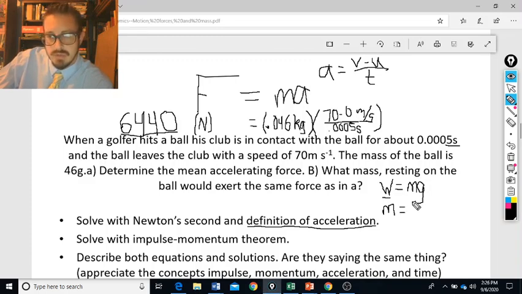So m would equal the weight, which we want to be the same force that we delivered with a golf club. So the 6,440 newtons, we're going to substitute it for weight. And then the value of g here on the surface of the Earth, 9.81. And the units that are equivalent to meters per second squared, the acceleration due to gravity, are newtons per kilogram.